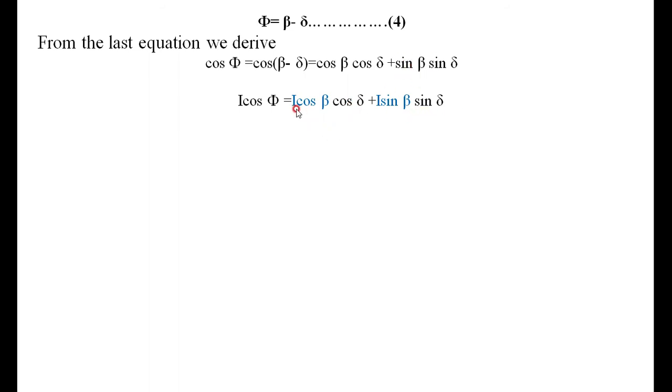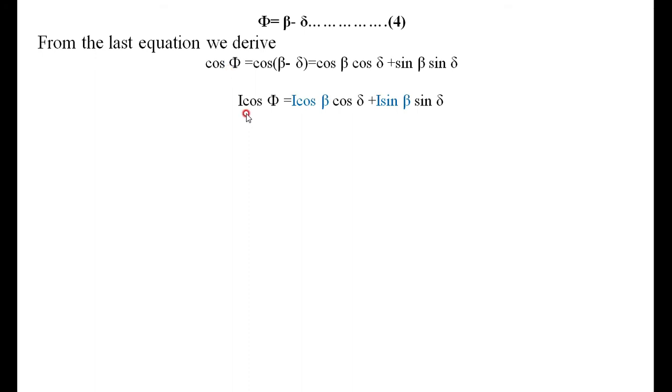I am highlighting here I cos beta and I sin beta. What are these quantities that we will see here? What I did is, I took phi, took cos on both sides, expanded it, and multiplied both sides with the current I. Then I am getting I cos beta cos delta plus I sin beta sin delta.